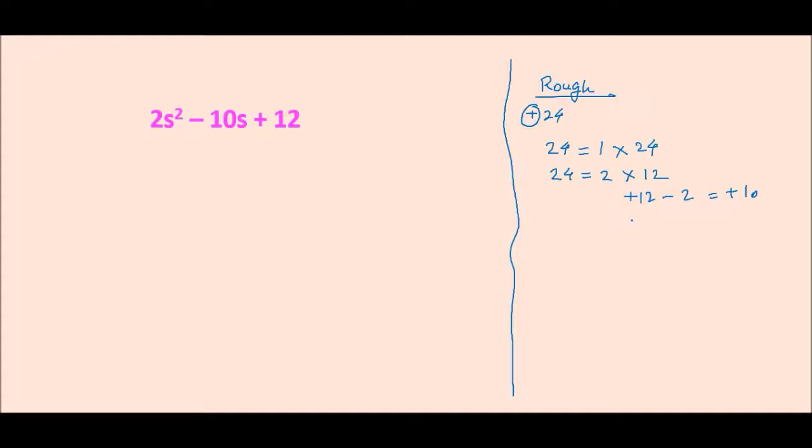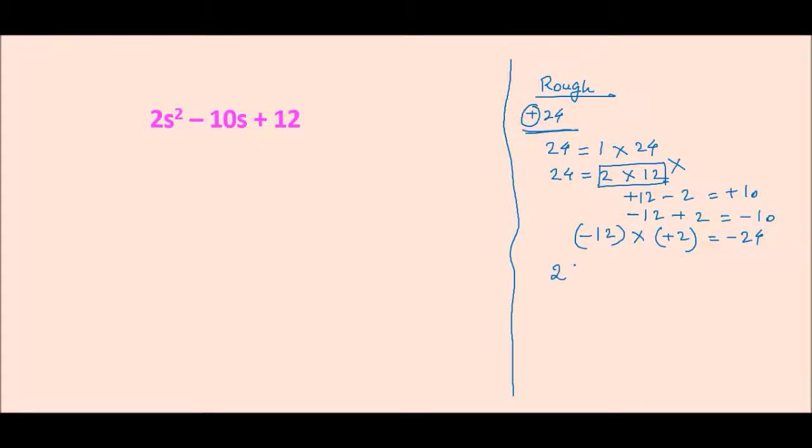Since we are having a minus 10, we can take minus 12 and plus 2, which will be giving us a minus 10. But minus 12 multiplied with a plus 2 will be giving us a product of minus 24, but we are having the product as plus 24. Therefore, we cannot take these two factors.